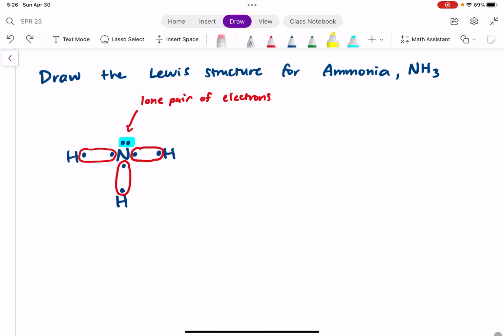We want each atom to have a full valence shell. For nitrogen, that's 8. So how many electrons are around this nitrogen right now? We've got 2, 4, 6, and 8. So remember, that's why they're bonding, so that they can share those electrons and have a full valence shell.